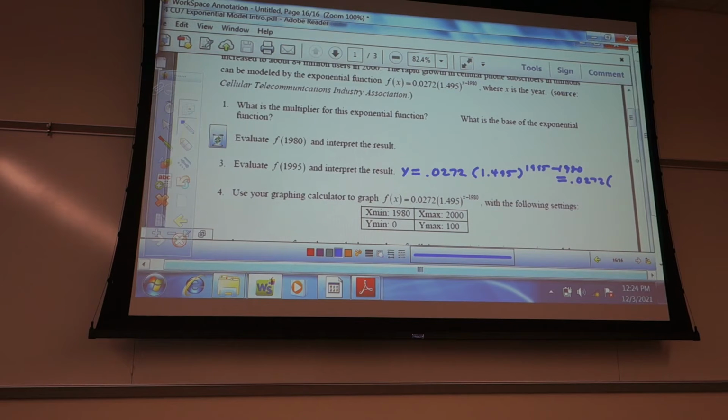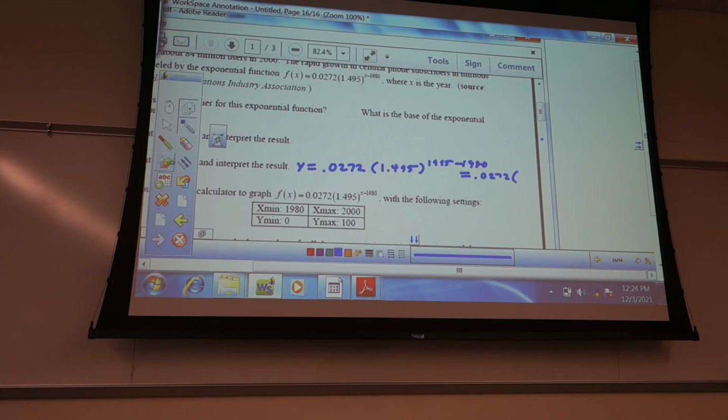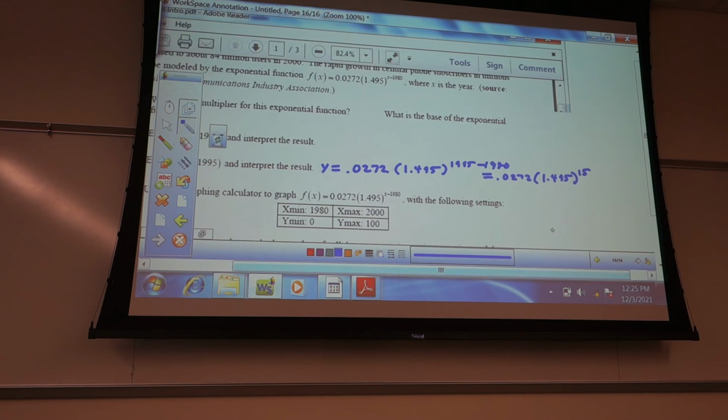Times, see if you can squeeze this into your sheet, times 1.495 to the 15th. So now we're going to find out what that is. All right, so let me bust up my calculator.